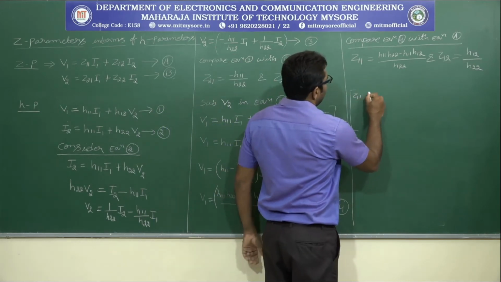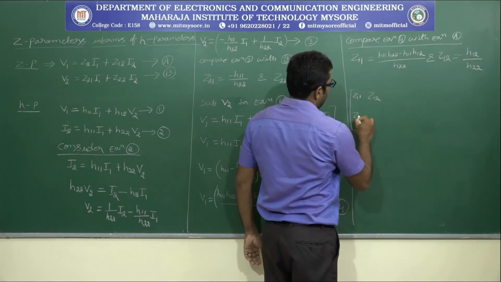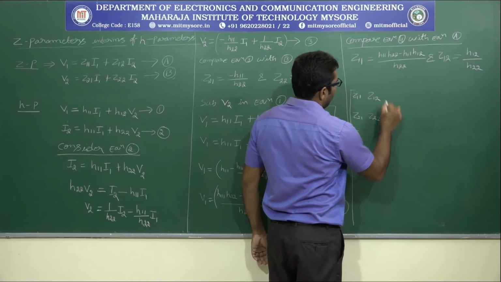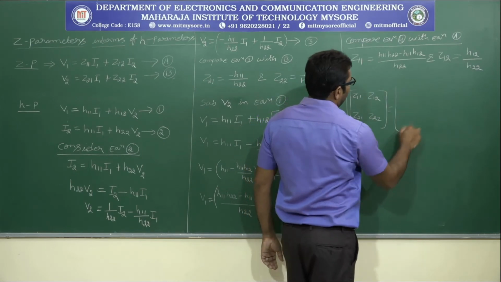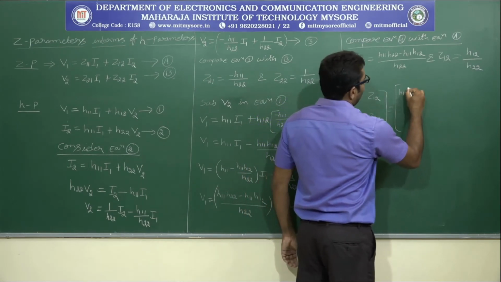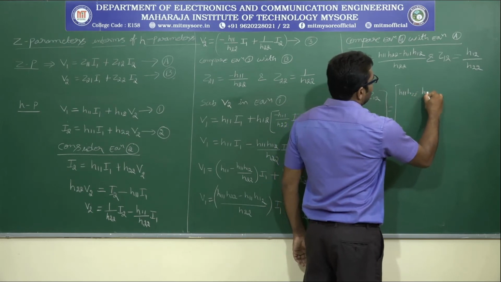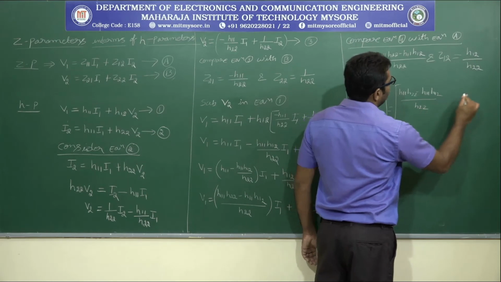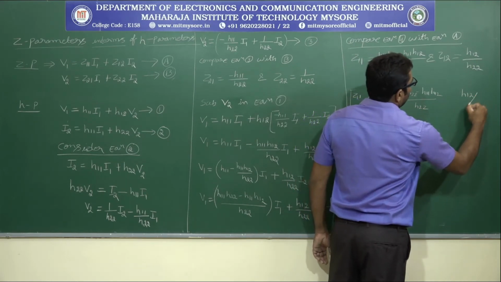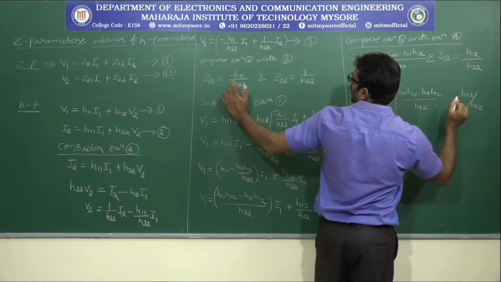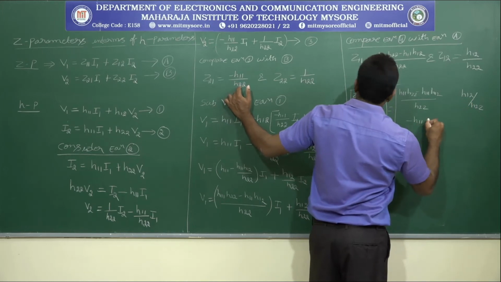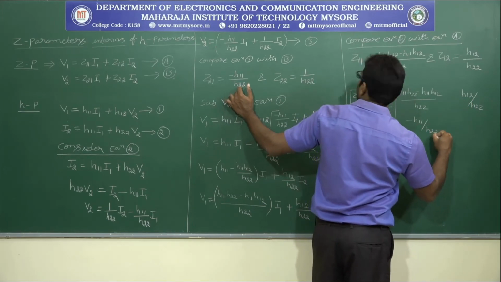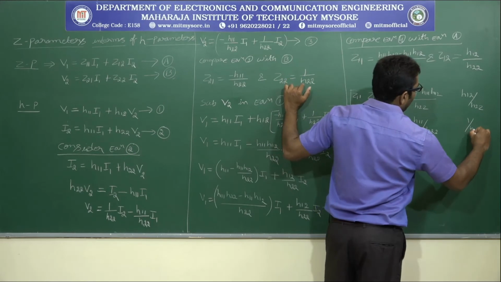Z11, Z12, Z21, Z22 is equal to, yes, H11 H22 minus H12 H21 divided by H22, next H12 by H22, next minus H21 by H22, next 1 by H22.